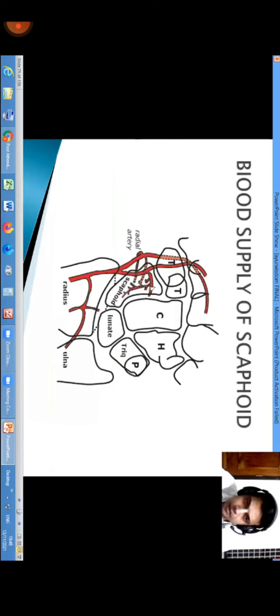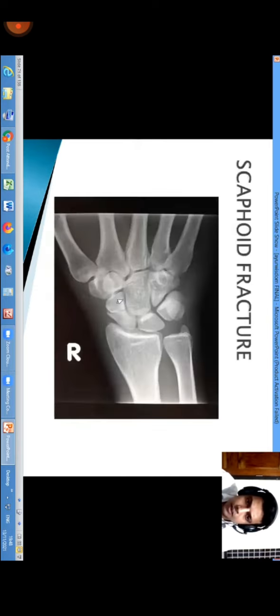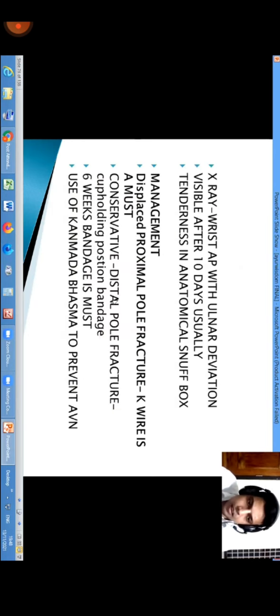It comes from distally and ends proximally. So a fracture here will disrupt the blood supply and avascular necrosis will happen. And conservative management is for distal pole fracture. If the distal pole is fractured, conservative management is enough.